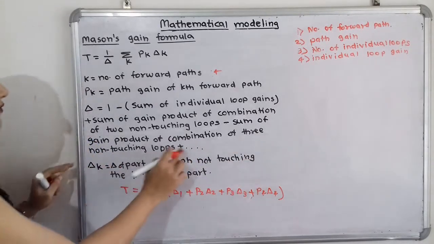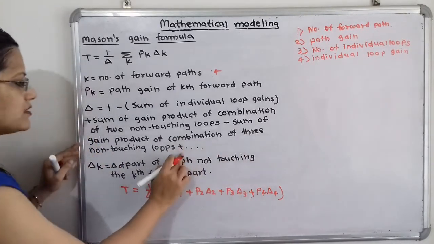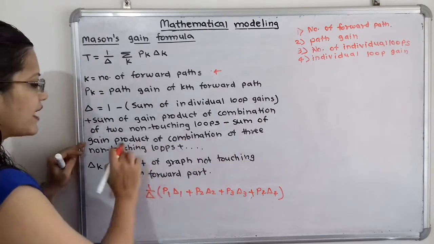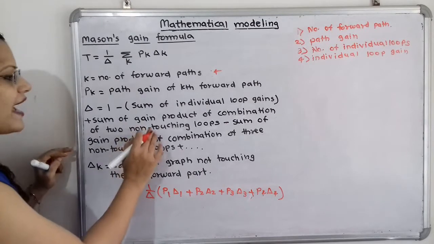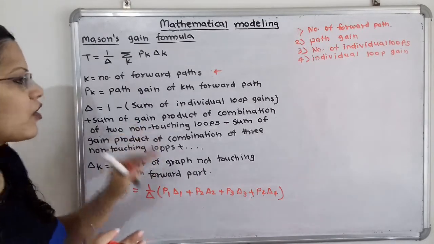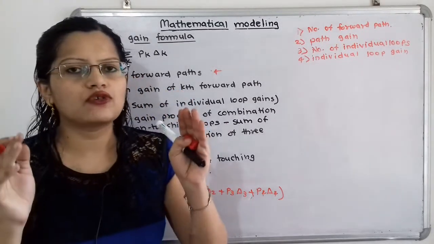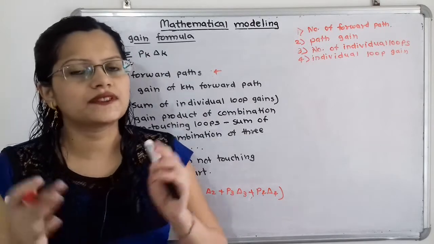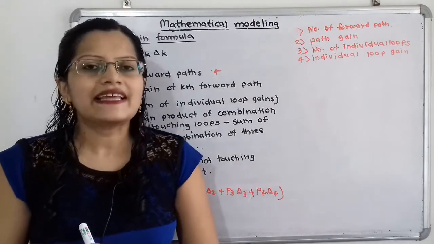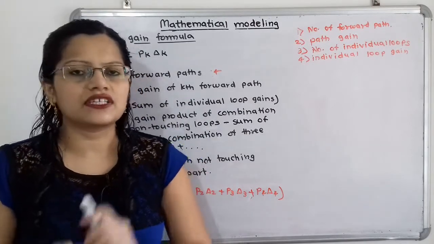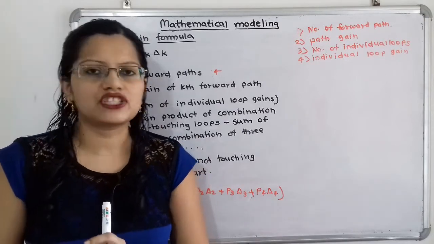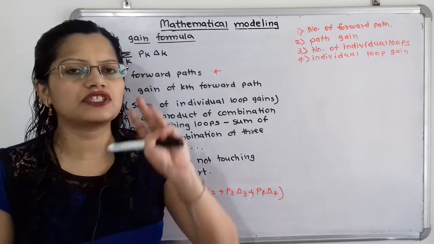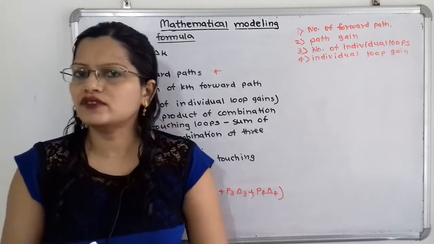Then plus the sum of gain products of combinations of four non-touching loops. So we have to first find out how many combinations of two non-touching loops, then three non-touching loops, then four non-touching loops. That will depend on the given question, that is, in that question how many combinations are there for 2 non-touching loops, 3 non-touching loops, and so on.